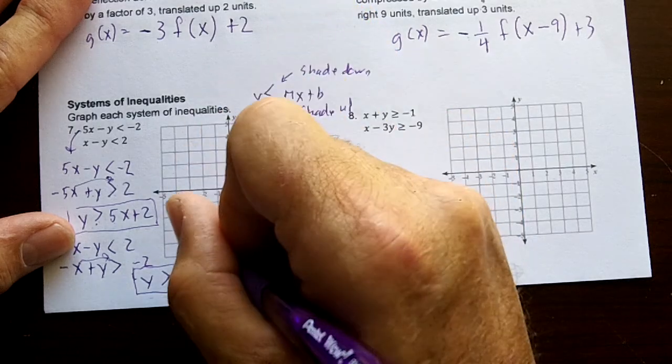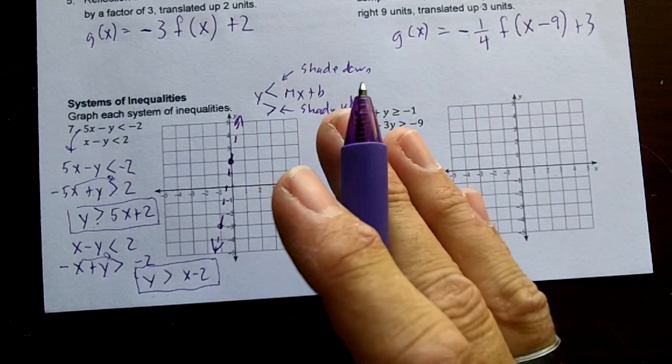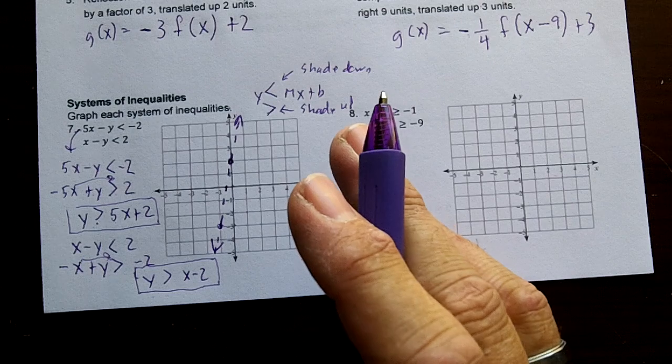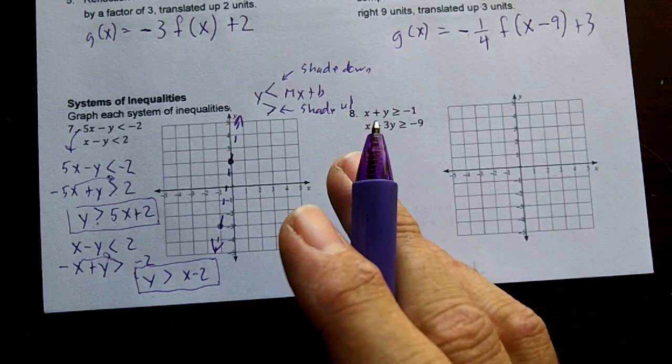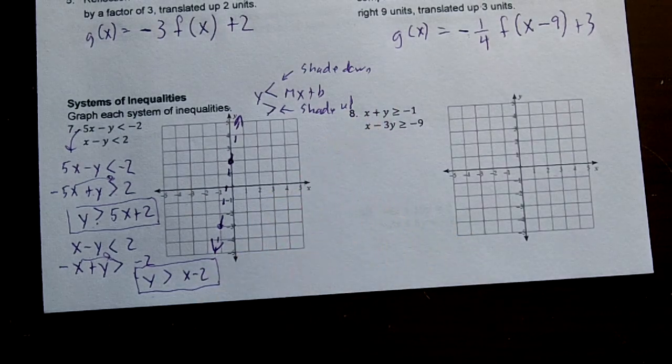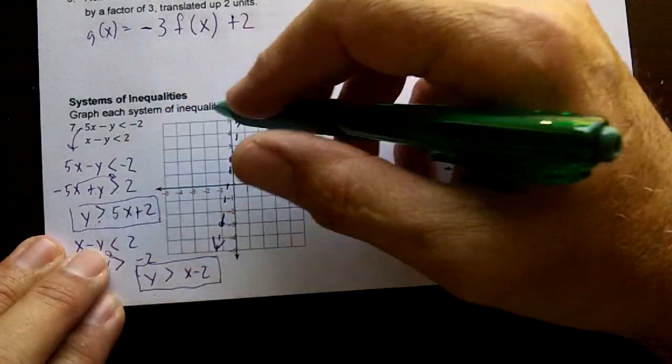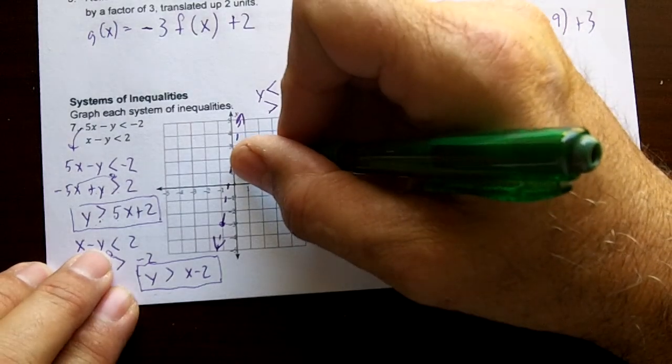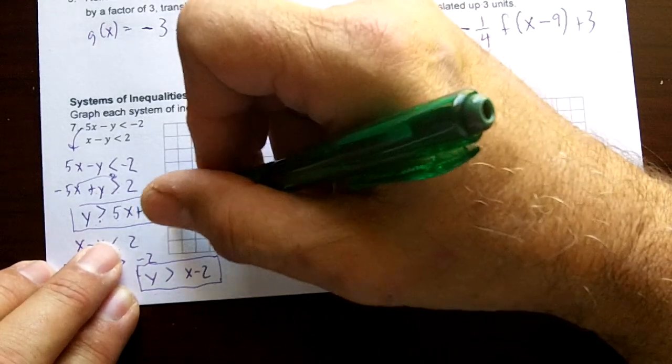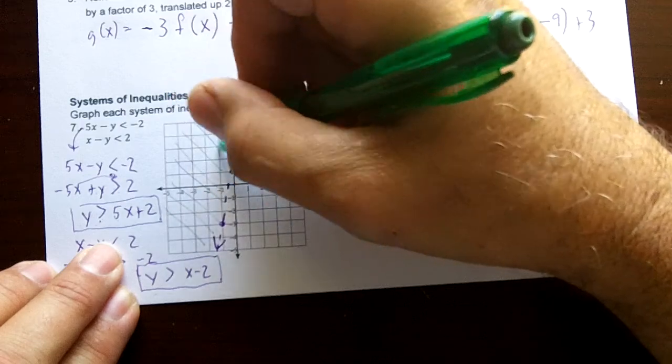So I have a dashed line. Let me get another color pen here. Now I need to either shade up or down. I have a greater than, so if I put my pencil on the y-intercept, up is this way. So this line is going to be shaded up.